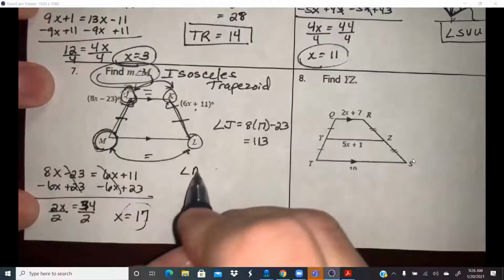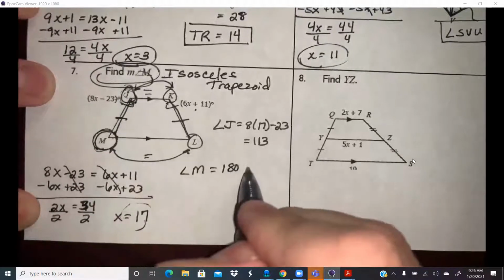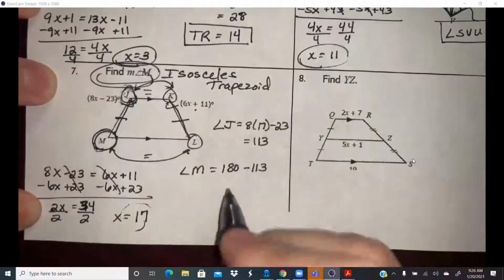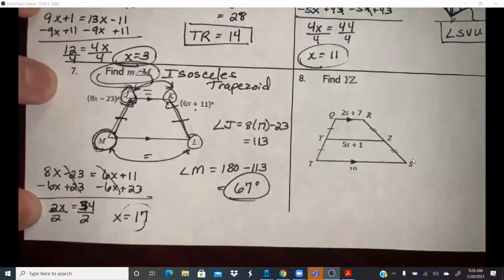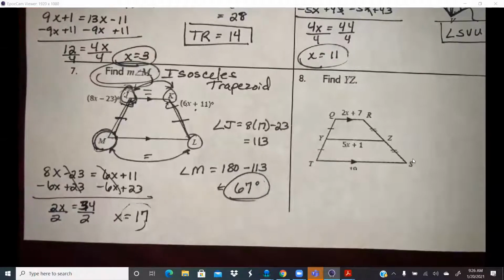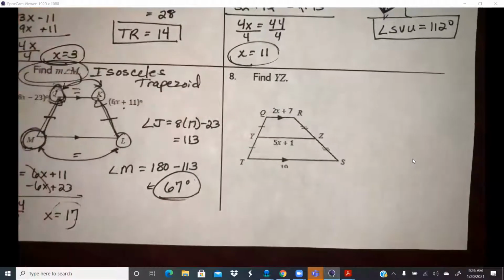So angle M is going to be 180 minus angle J. So 180 minus 113 gives us 67 degrees, right? So that's 67 degrees.